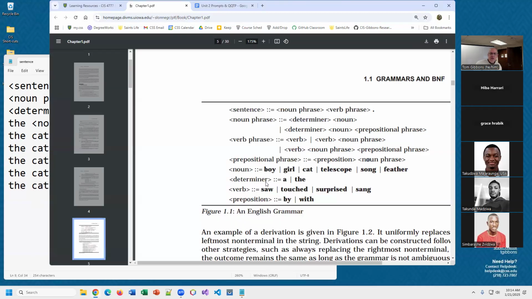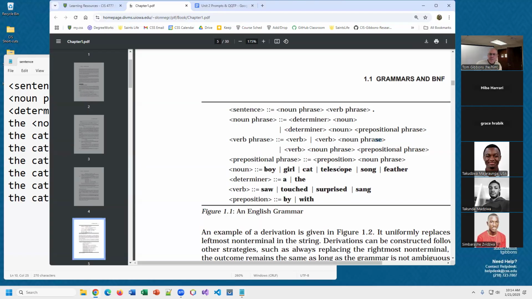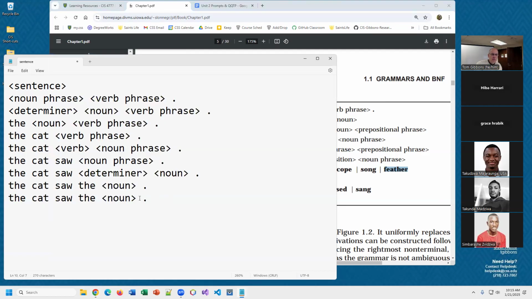For our determiner, we can say the or a. Let's choose the. And we're getting there. We're almost all terminal values. We just need a noun now. So we're going to say feather as our noun.